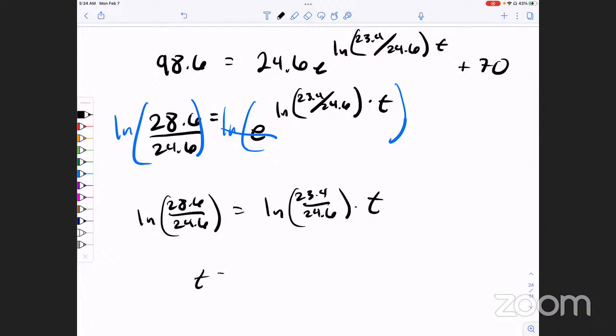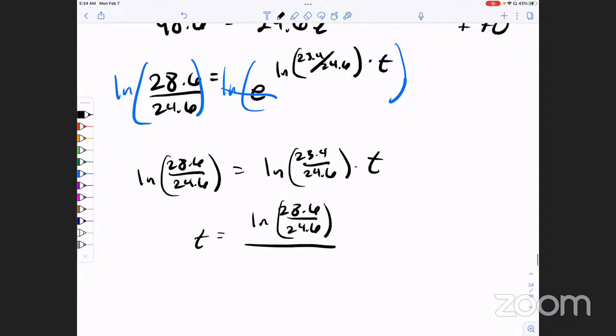So that T is going to be the left divided by the right. Natural log of 28.6 over 24.6 divided by natural log of 23.4 over 24.6. What's this number?